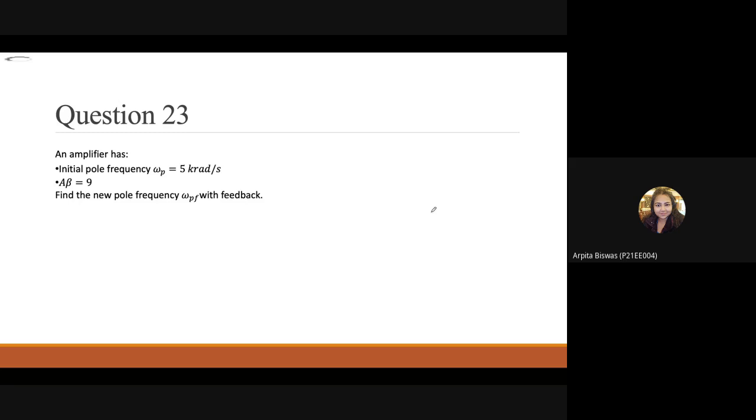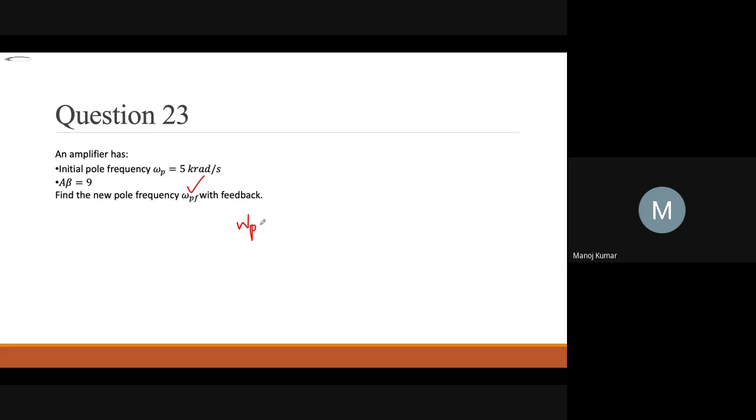Wait for other students also, Manoj and Jen, please try to solve. And can you say the formula? 50K radian per second, ma'am.